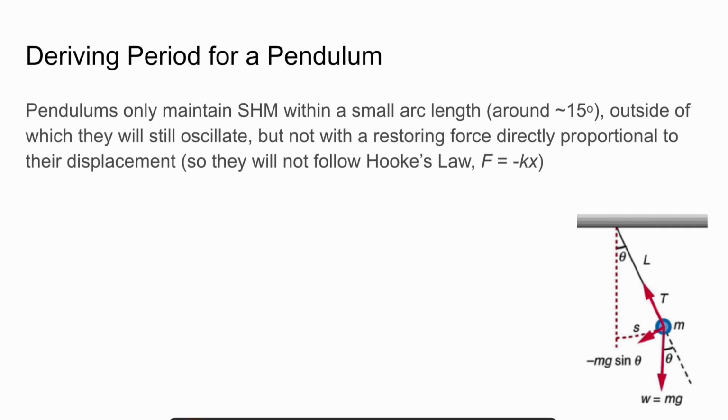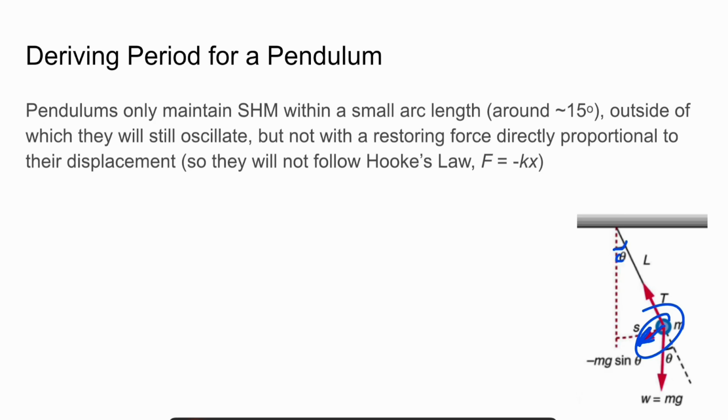The same sort of thing can be said for a pendulum, but it works a little bit differently. A pendulum is going to follow essentially Hooke's law for this restoring force, that component of the force of gravity that's producing our net force, but it will follow something approximating Hooke's law within a certain range. And that range is about 15 degrees of the pendulum's arc.